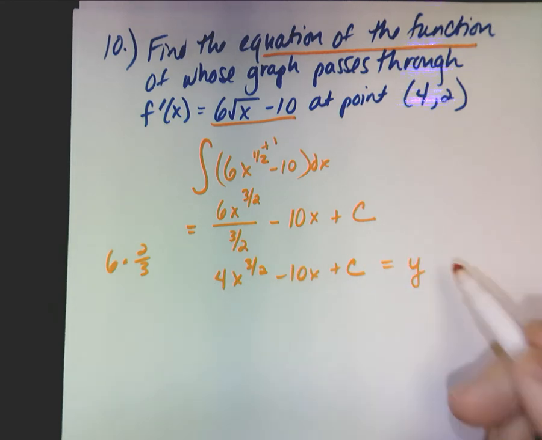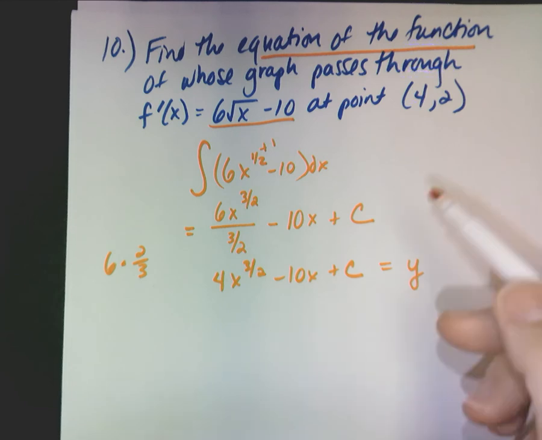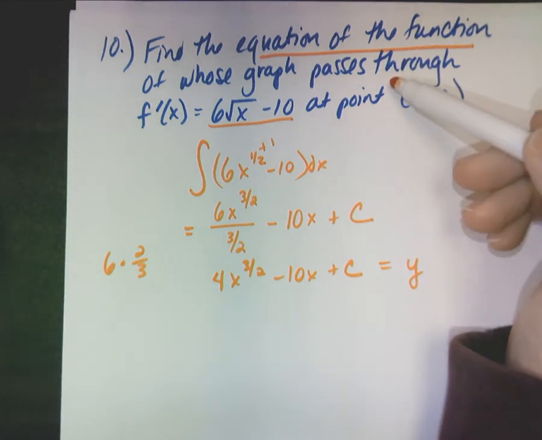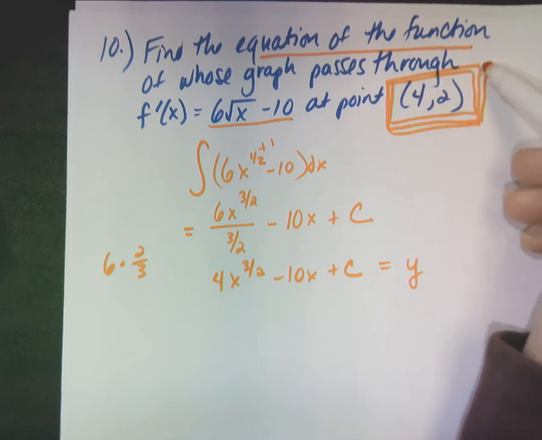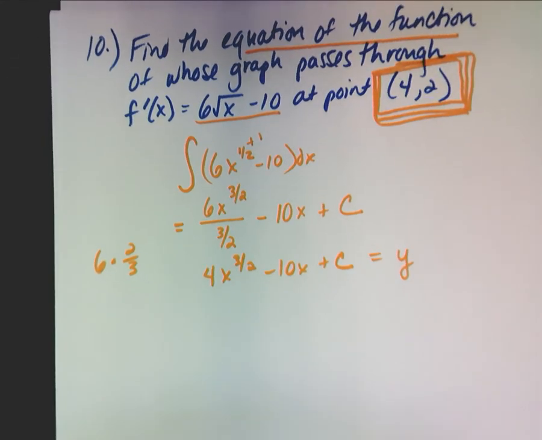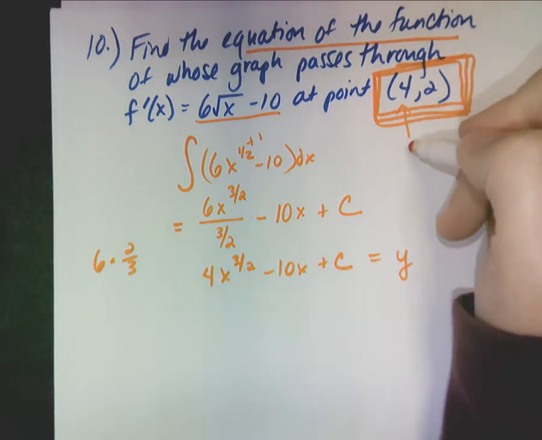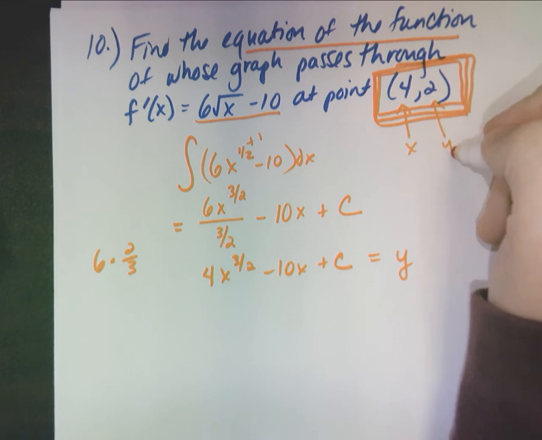That's what y was. But we have this extra piece of information that is awesome. We want to know what the original function was at the point 4, 2. Interesting. So what does that mean? Well, that means that my x is 4, and my y value would be 2.